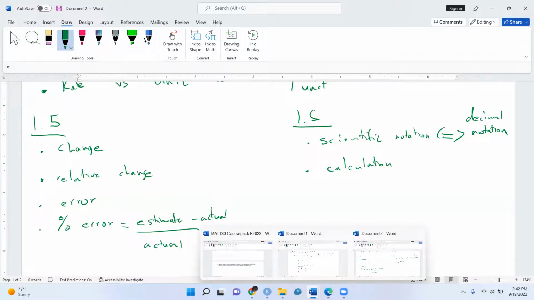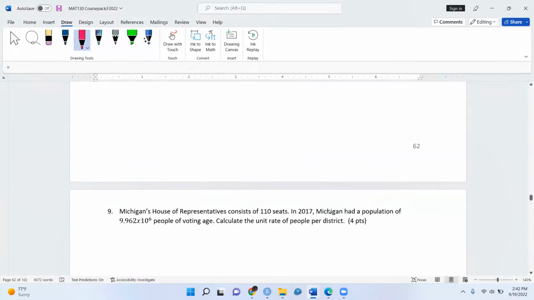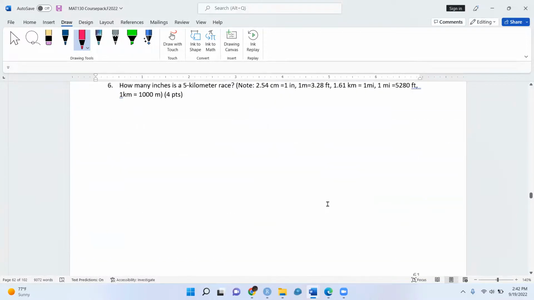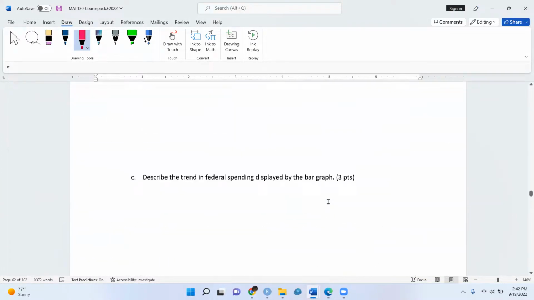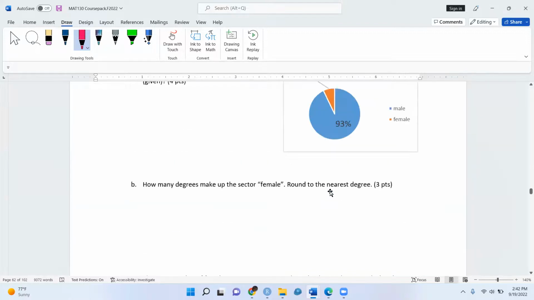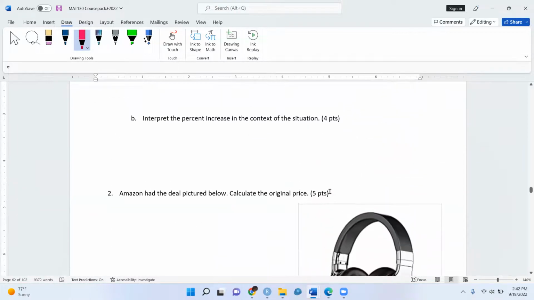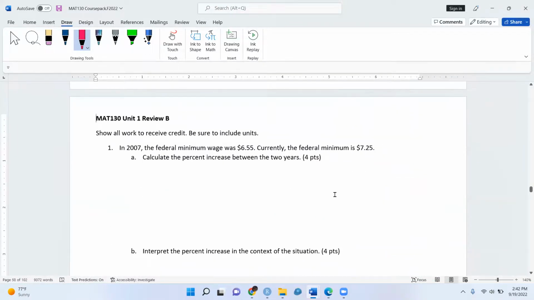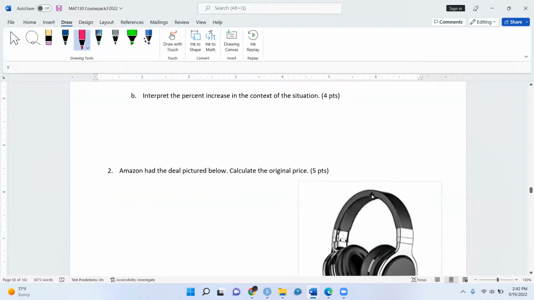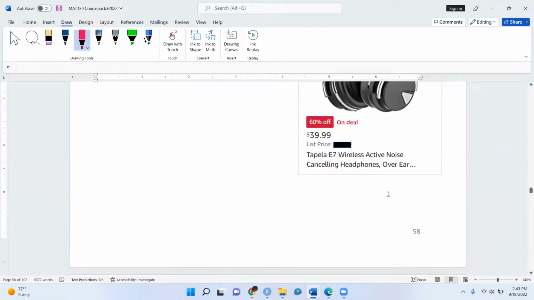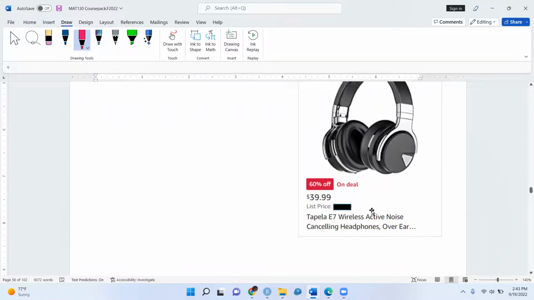So if you look at this Unit 1 review, these questions are the types of questions that you're going to face on the midterm. And if you look closely at them, you'll find that they're essentially the same questions you were doing in the worksheets. That's one of the nice things about these having the same author.